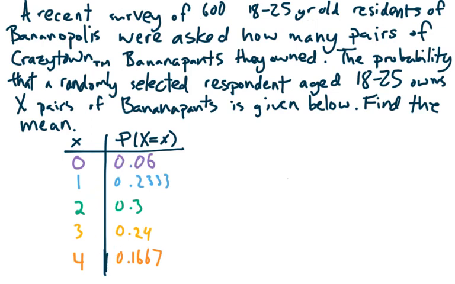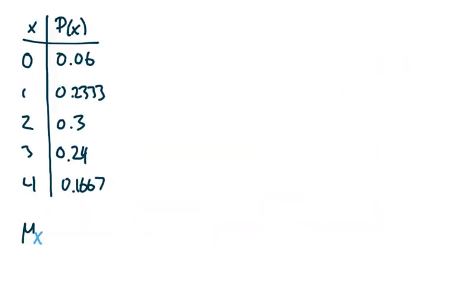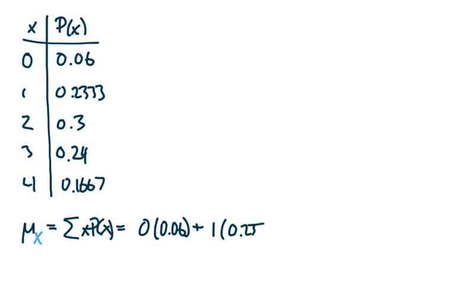So this is a probability distribution. We can use this to find the mean according to our formula here. Mu sub x is supposed to be equal to the sum of the products x times p of x. Well, what does that mean? That means that you're going to take each value of x and multiply it by the probability of getting that value, right? So 0 times the probability of getting 0, 1 times the probability of getting 1.